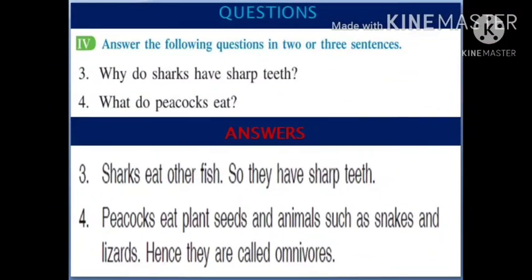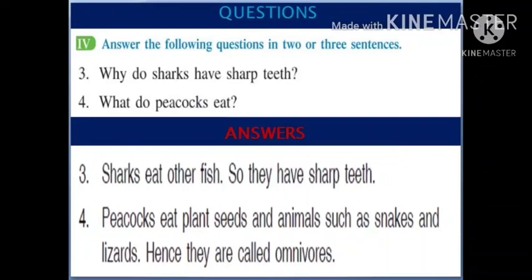Third question, why do sharks have sharp teeth? Answer: sharks eat other fish, so they have sharp teeth. So we all know that sharks are carnivores and carnivores eat the flesh of other animals. That is why sharks have sharp teeth. Fourth, what do peacocks eat?